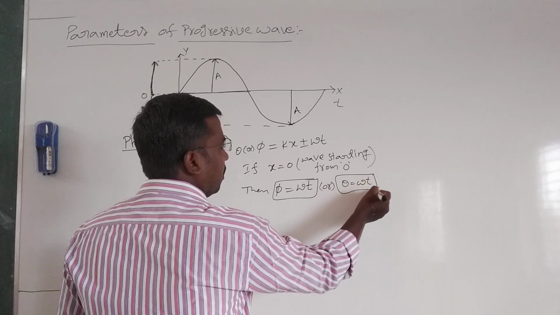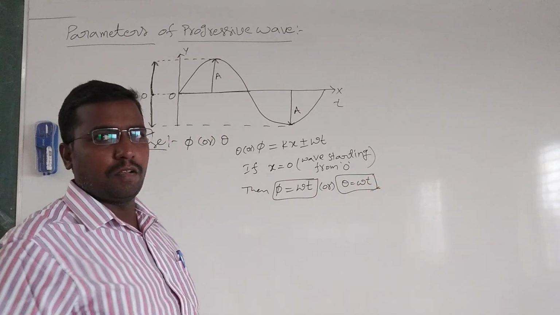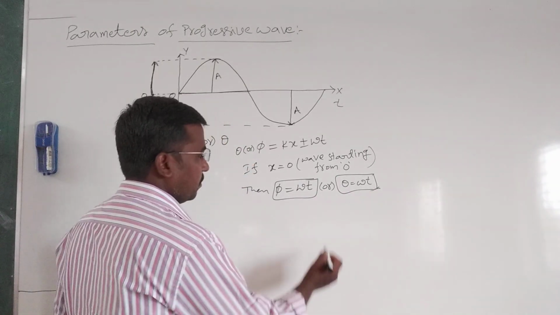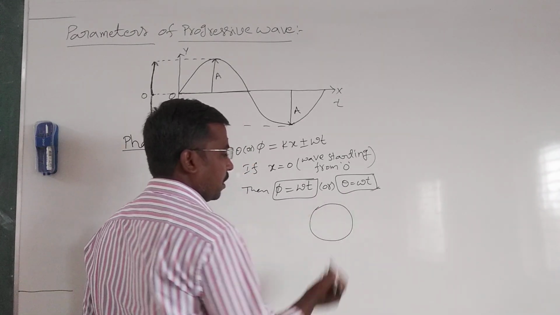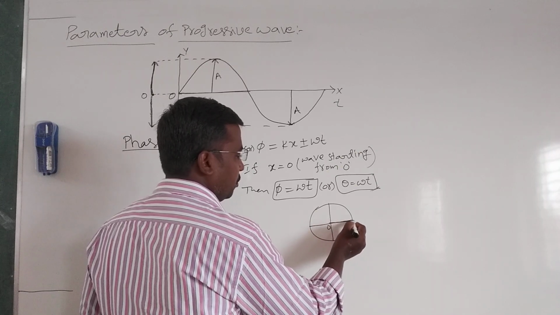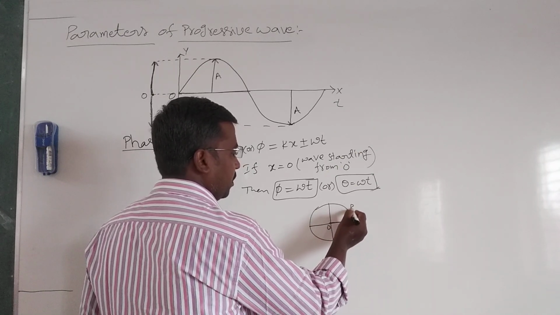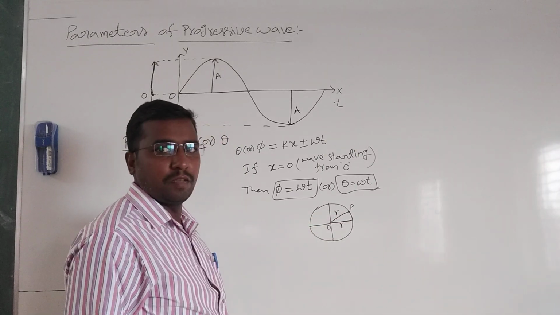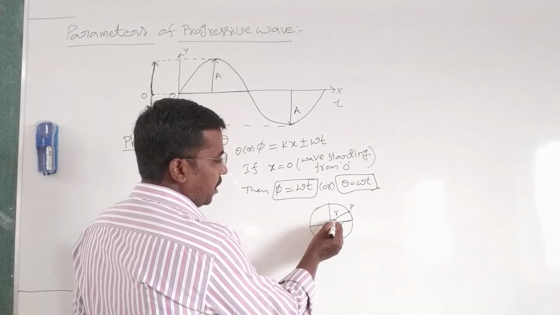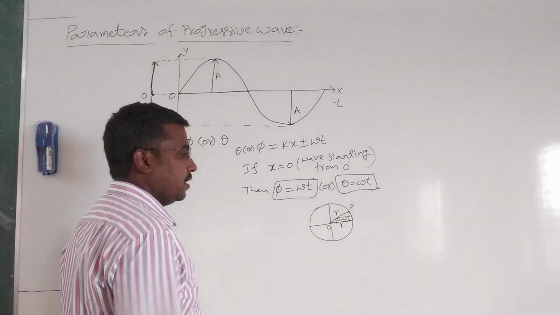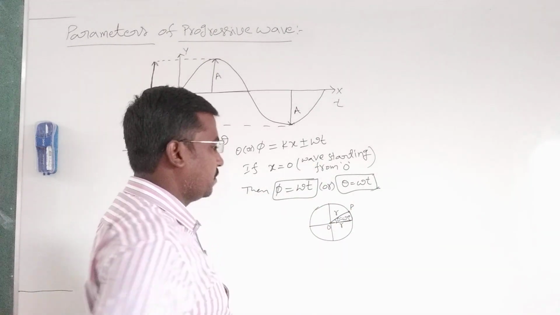You will know this formula now from the oscillation chapter, the first year oscillation chapter, because in circular motion the particle moves from the origin to a point P. This is the radius of the particle, which is nothing but the amplitude, and the angle theta you can write as omega t. This is the phase.